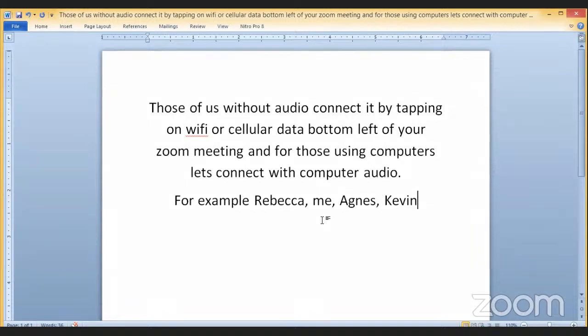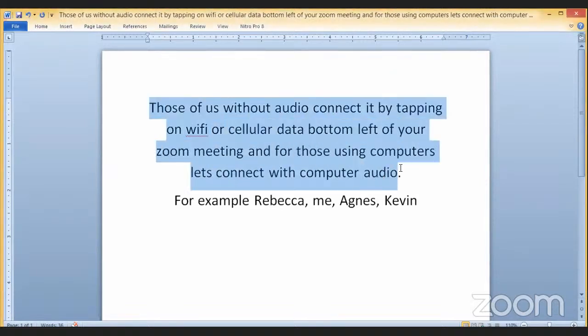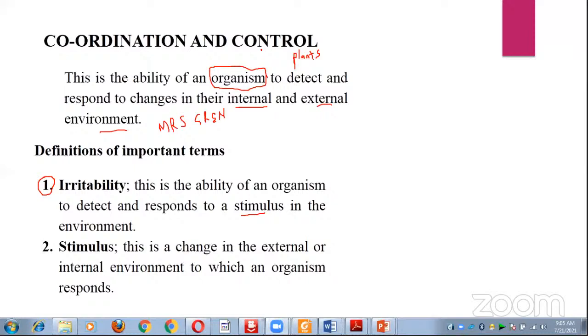Teacher Boomba, can you see my screen? Yes, please. I can see what is on your screen. I'm trying to tell Rebecca, Agnes, Kevin, so that they can connect, because once they don't connect, they just see the screen, they don't hear anything. You can check in the chat. So I'm copying this and putting it in the chat. So for now, you can continue. Okay. Thank you for that.